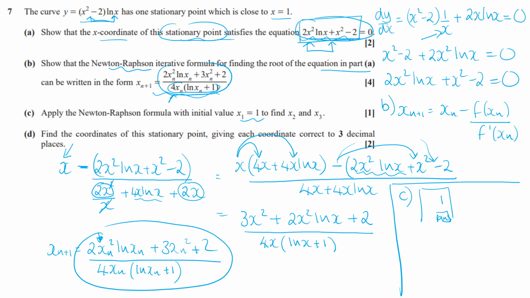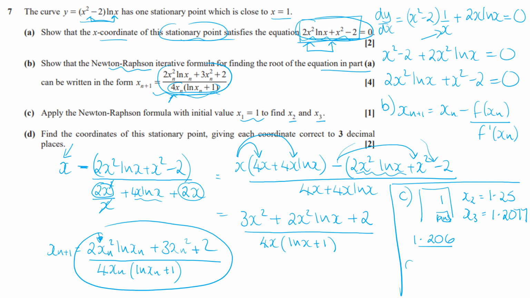If you do all that, then you get x2 to equal 1.25 and x3 to equal 1.2077. Now it just wants x2 and x3. But if you keep pressing your calculator, the root settles down to 1.206.